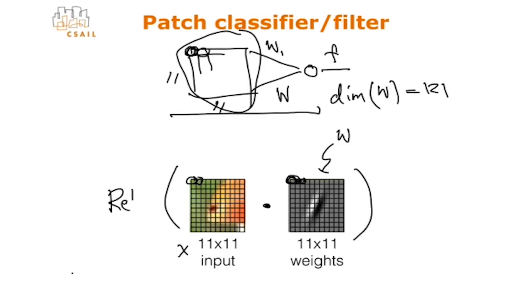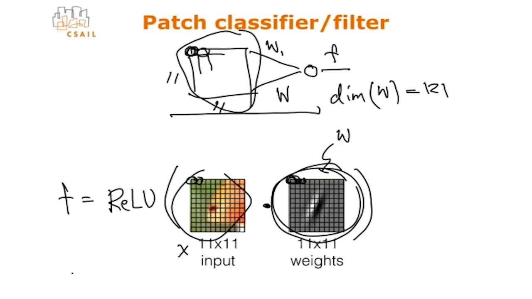We pass that through a non-linearity, such as the rectified linear transformation, and that gives us the output F. So looking at it this way, we can think of the weights as actually an image. It is the image that the classifier here, or the unit, prefers to see. Just as before, in terms of a linear classifier, if the input example X looks like the parameter vector, you get a large response here.